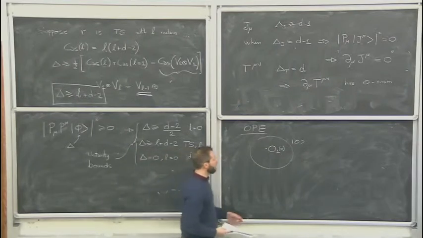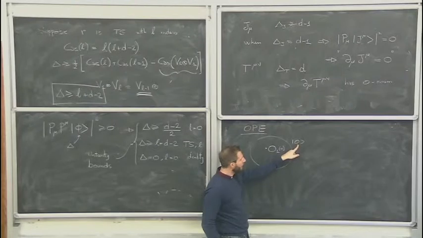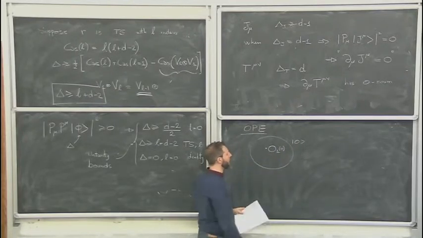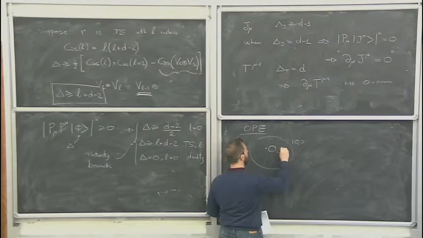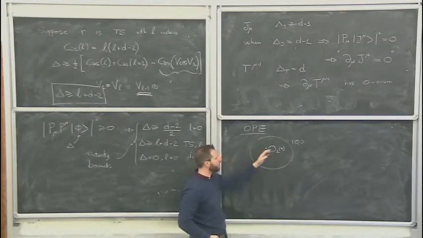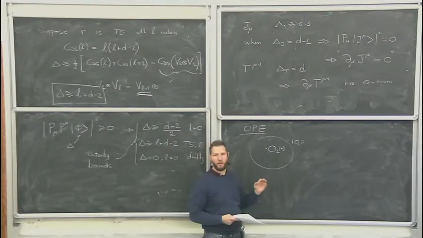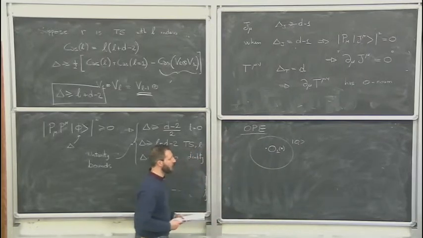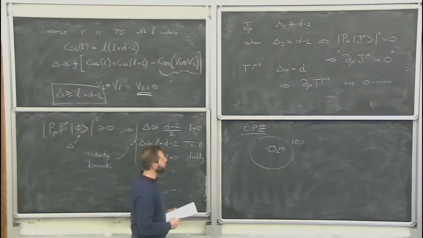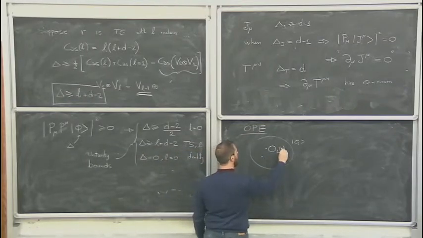The state here, if there is such an operator, is a primary. If the operator is inserted at some x, this state is a superposition of primary and descendants, but still it is an object that belongs to a well-defined irreducible representation of the conformal symmetry. What happens now if you have two operators? Let's say O1 inserted at x1 and O2 inserted at x2.